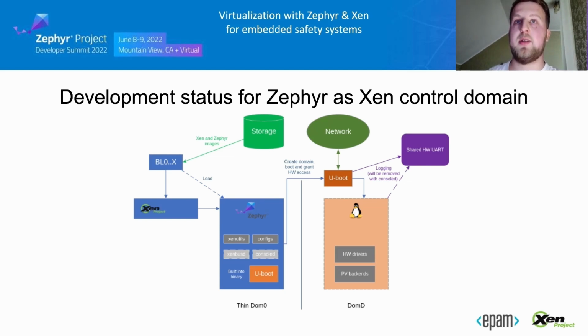A lot of changes were made to be able to perform memory and domain management from the Zephyr Xen kernel. It contains various drivers, the Xen DOM-CTL interface, which is special hypercalls needed for domain configuration, memory helpers, and many more.